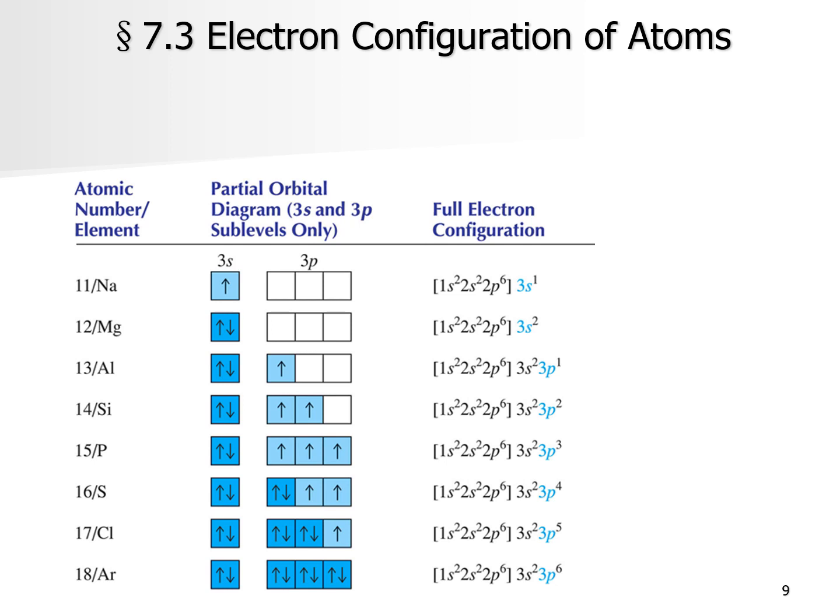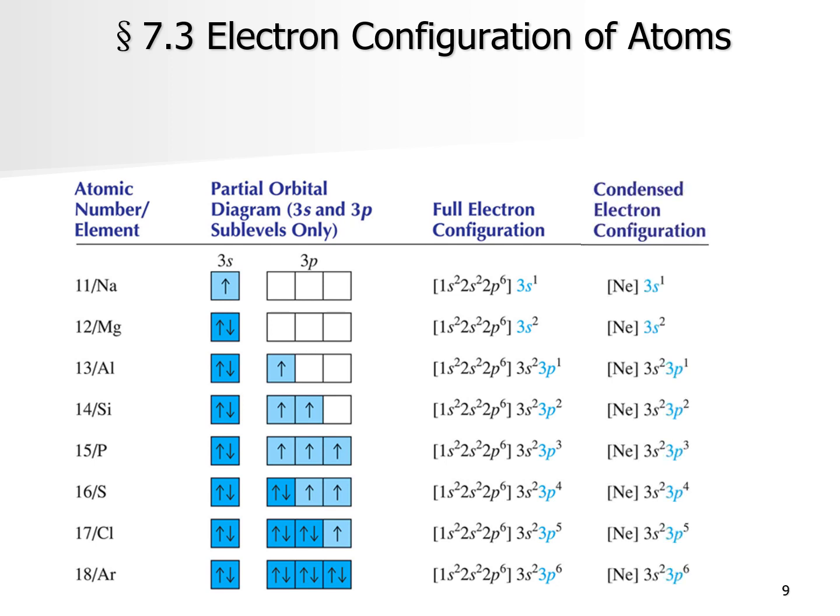And for every element we have here, from sodium to argon, they all have 1s2, 2s2, 2p6. And which element has such electron configuration? 1s2, 2s2, 2p6? It's neon.